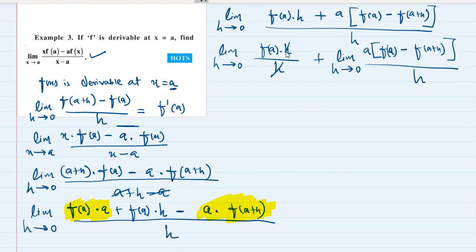Now this h will definitely get cut. So limit when h tends to 0 of f of a will remain as f of a. Okay.